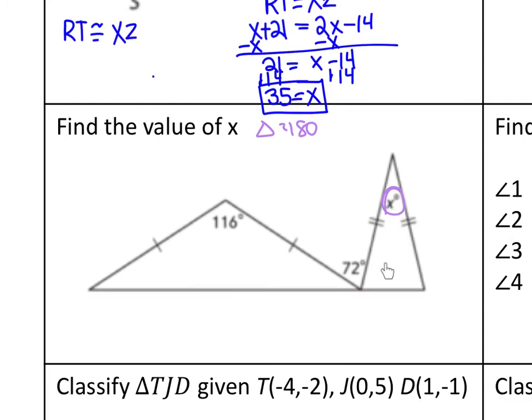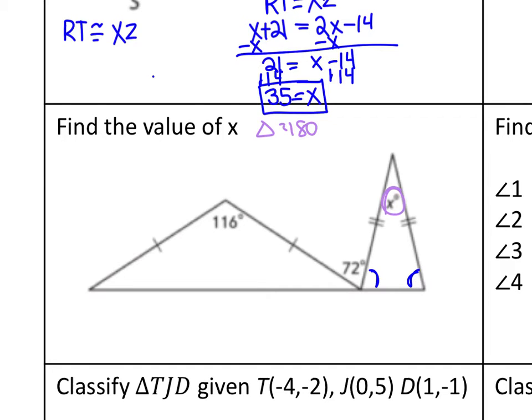So if I know it's 180, I would need to know what these other 2 angle measurements are. I don't know these yet, but I know I have an isosceles triangle. And remember, in an isosceles triangle, the angles opposite your congruent sides are congruent as well. So, because I have 2 congruent sides, the angles at the base are congruent also.